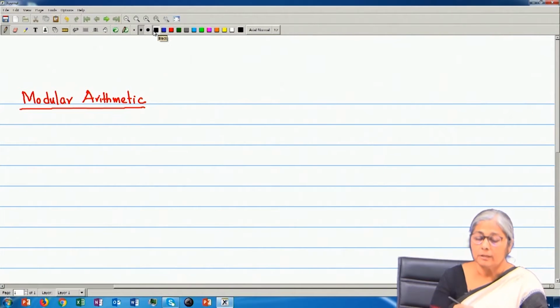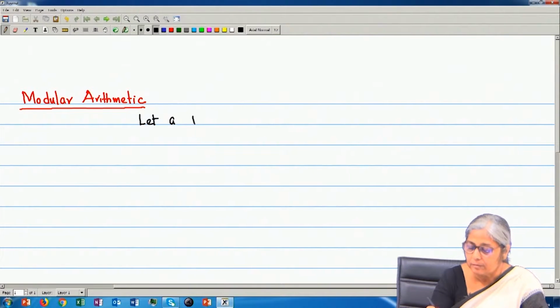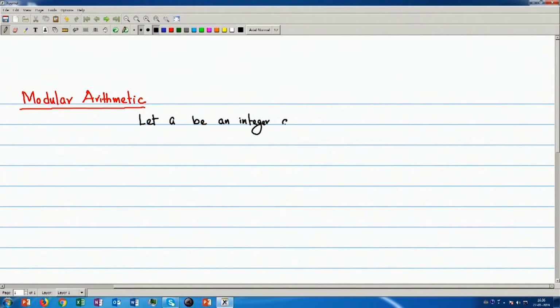So, first we define what we mean by modulo. Let A be an integer and n be a positive integer.